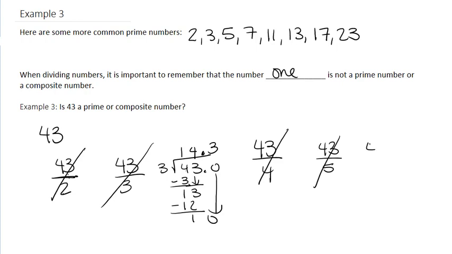And then we look at 43 divided by 6, and we remember that 6 times 7 is 42. So it's going to be a number larger than 7, but a decimal. So we can say that 43 can only be divided by 1 and itself, and would be considered a prime number.